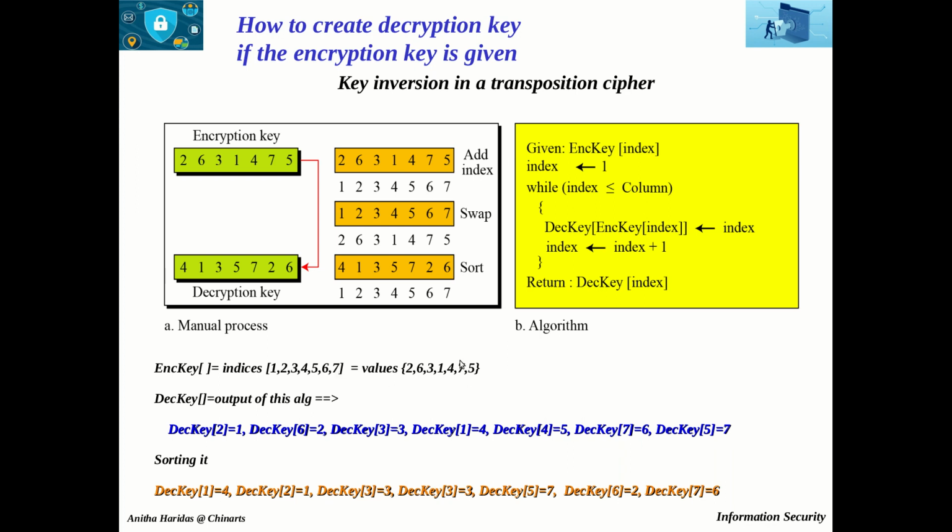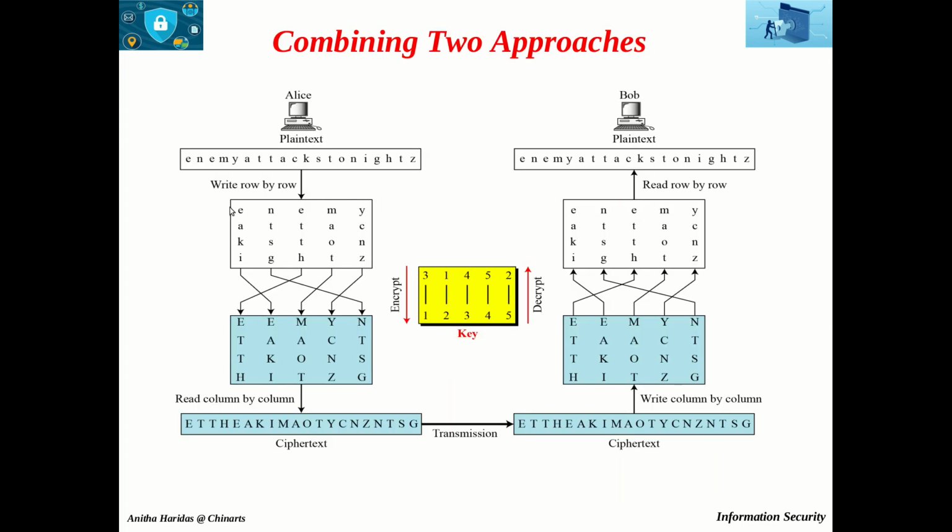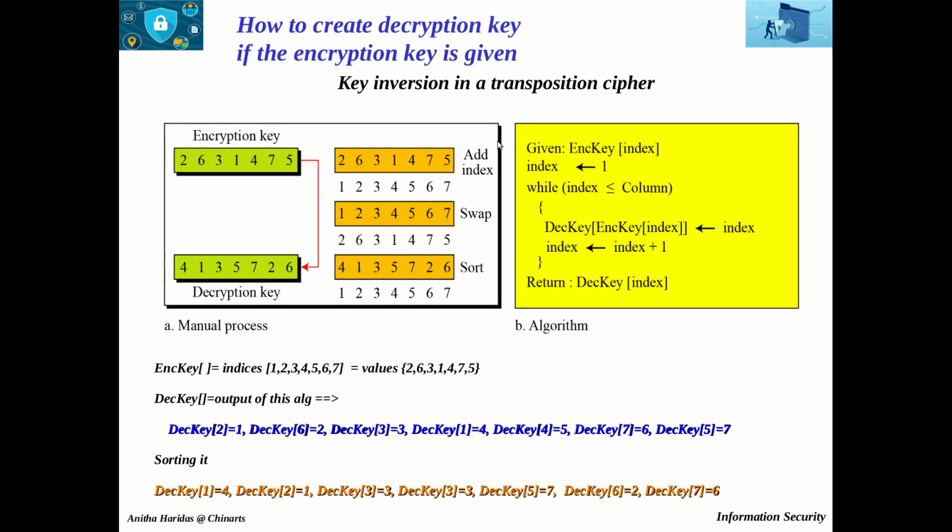So this array will be given as the input here, and we start with index 1, and while the index is less than or equal to column, where column is the number of columns that we are going to agree upon. So here the number of columns is equal to 5. In the same way, whatever number of columns you have decided for the table will be given here. Then the decryption key of this particular value will be this index.